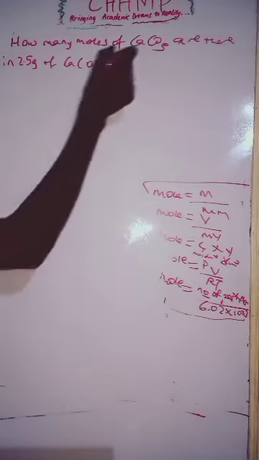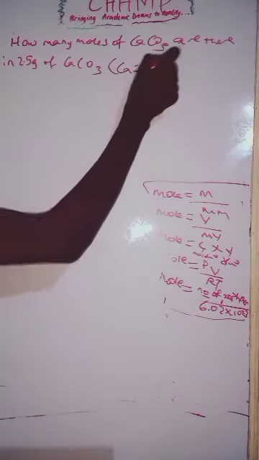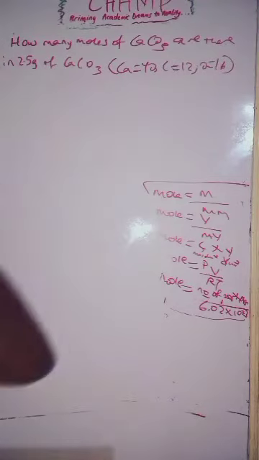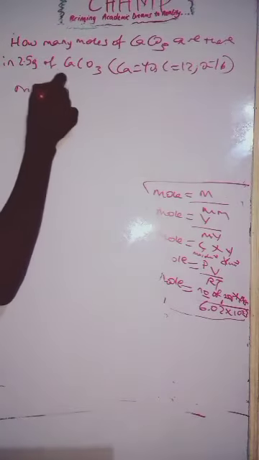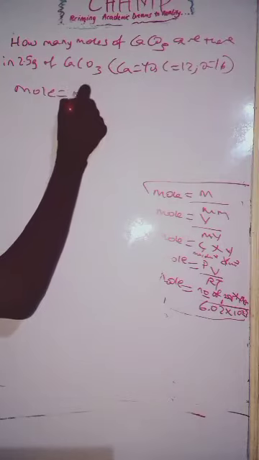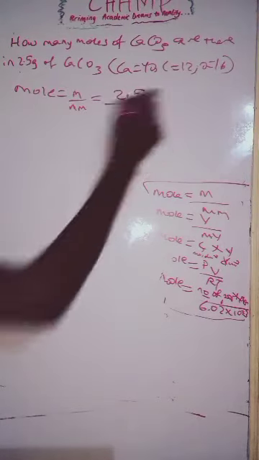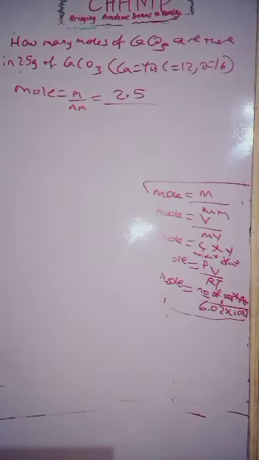So this is the question. We were given Ca to be 40, carbon to be 12, O to be 16. So how many moles? Mole is equal to mass over molar mass. What's your mass? 2.5 gram. 2.5 over, what's your molar mass?